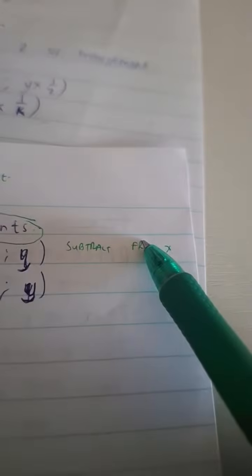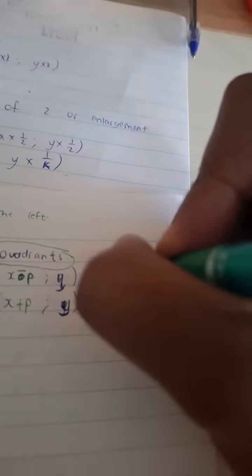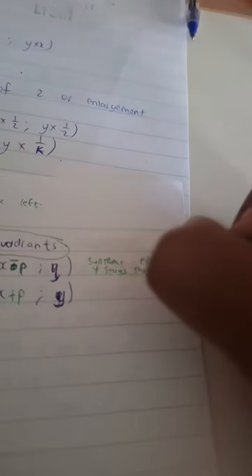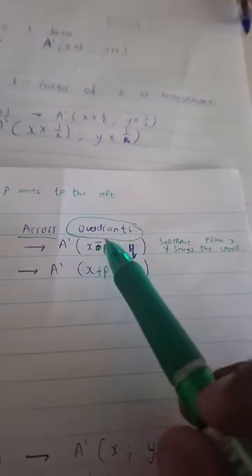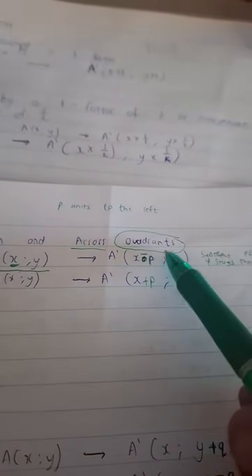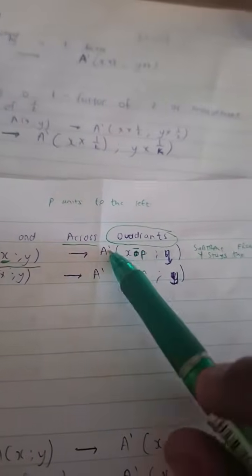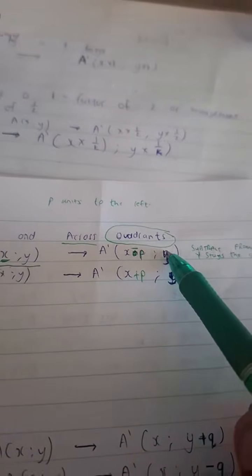So x is affected, we subtract from x, y stays the same. Y doesn't change. So who changes? X. How? We subtract the units from x to form the new image of the new point, A image, which is x minus p, but the y value stays the same.